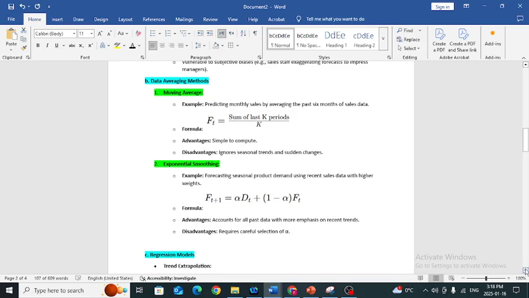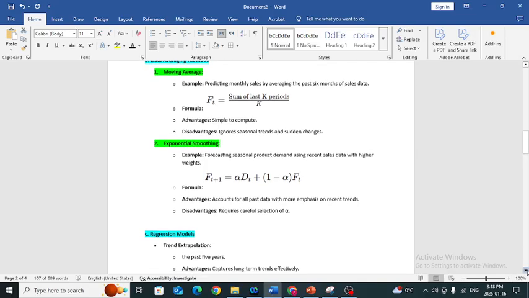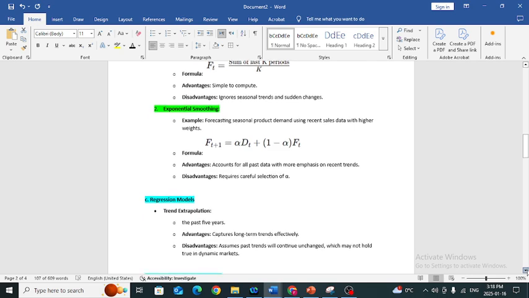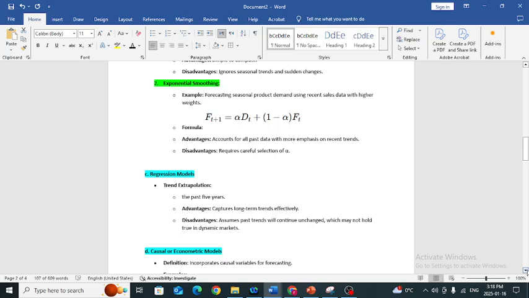The third one is the regression models. Regression models mean trend extrapolation. The past 5 years is about the past 5 years, and it captures long-term trends effectively, but assumes past trends will continue unchanged, which may not hold true in a dynamic market.